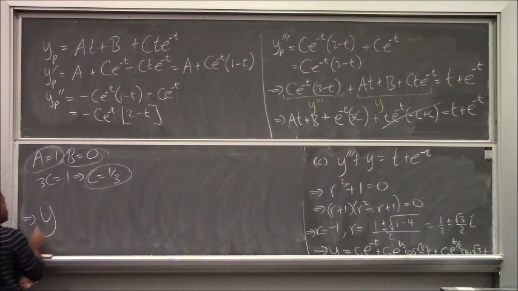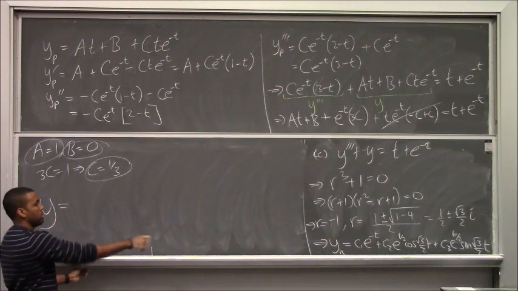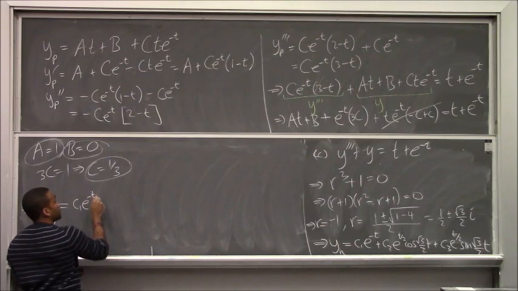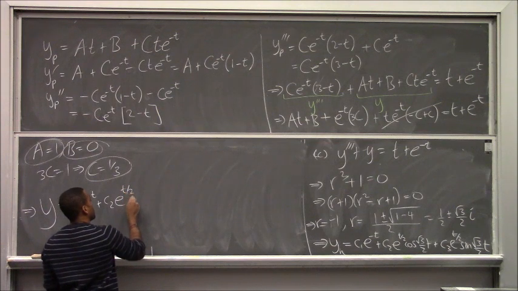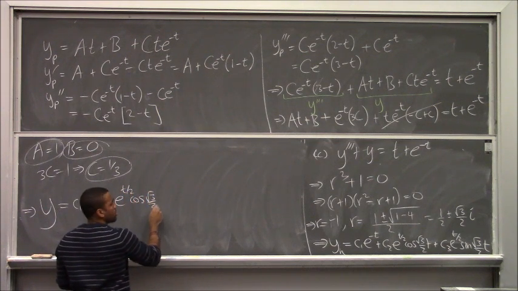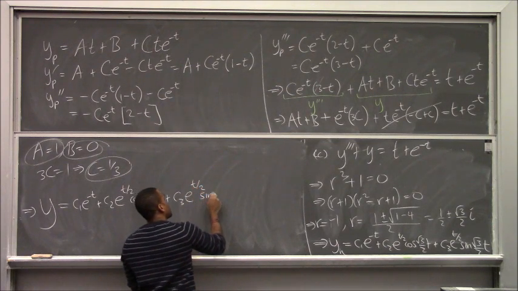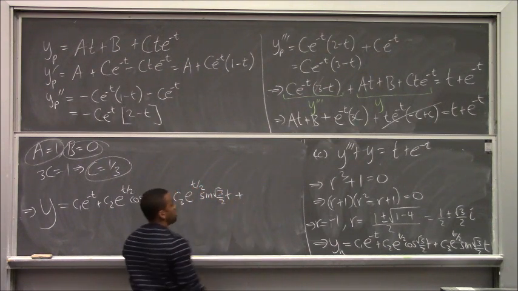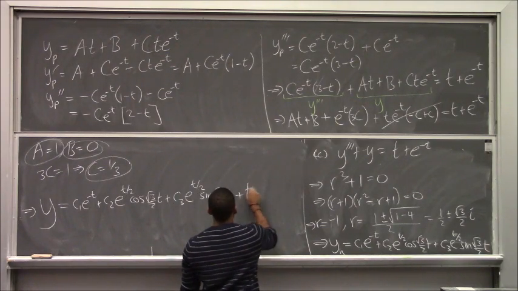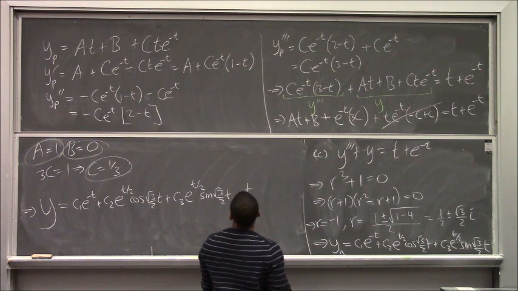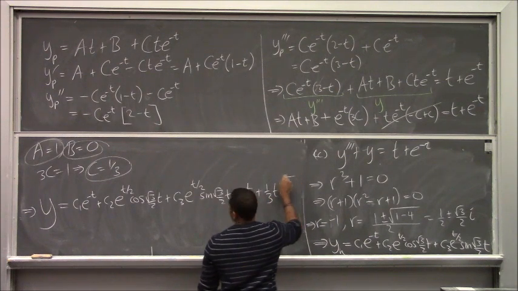Which means that my general solution is a t plus b plus 1/3 t e to the minus t.